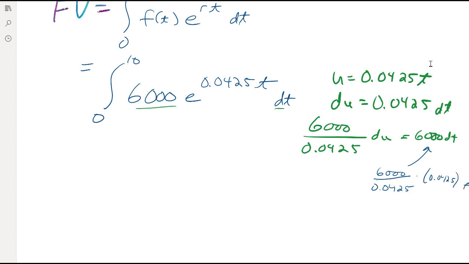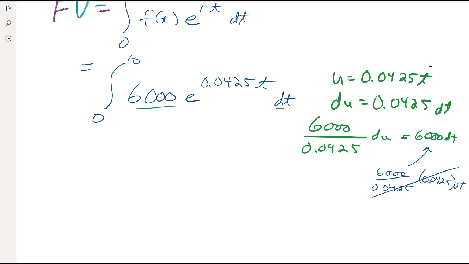There should be a decimal point there, and the 0.0425s cancel out, and that's why you're left with the 6,000 dt.